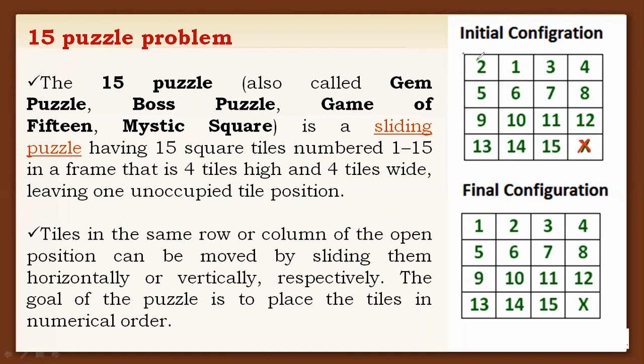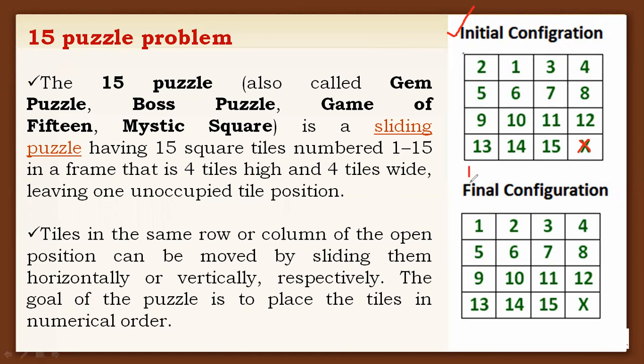Now in this 4 by 4 grid, the numbers are not arranged in sequential order. The numbers are placed in a randomized order. So this is the given problem, which is considered as the initial or basic problem.